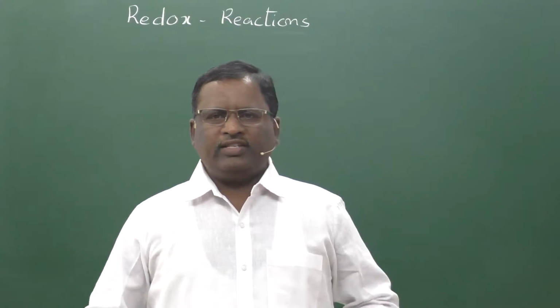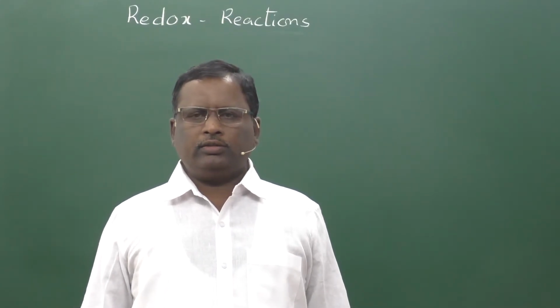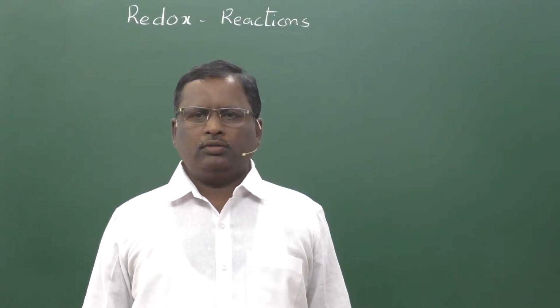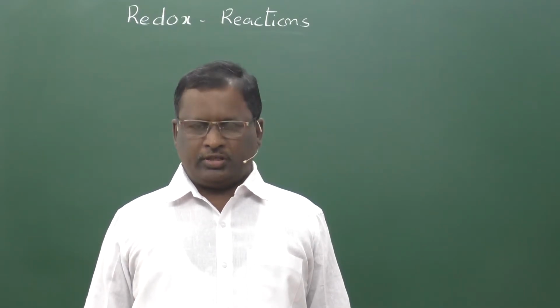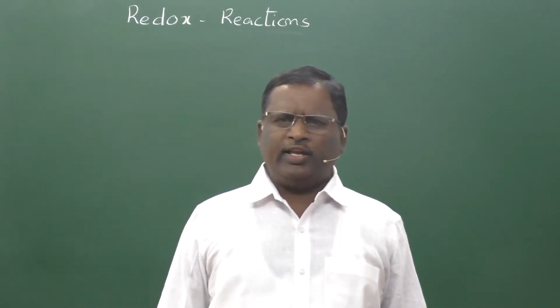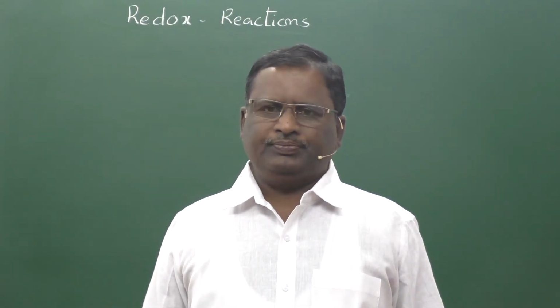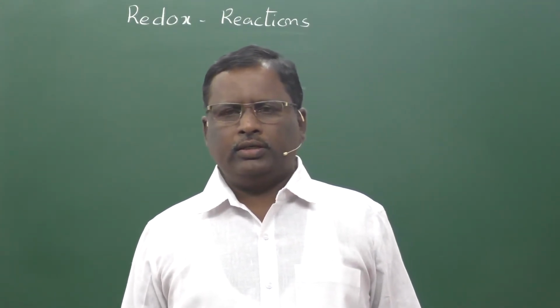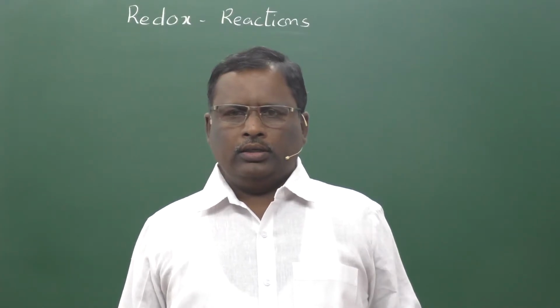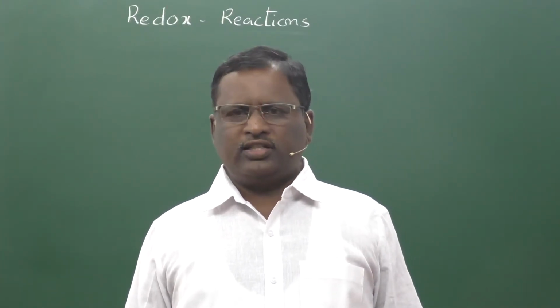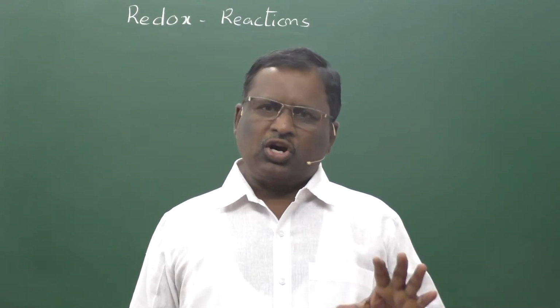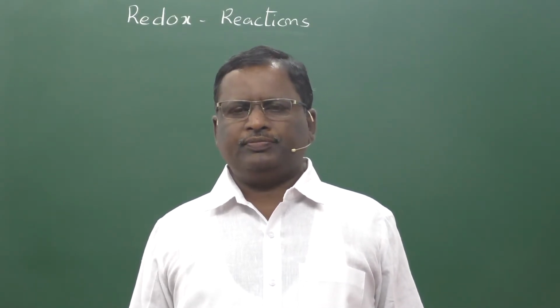In the present class, we are going to get a new term called ionic equation. What is an ionic equation? In the previous examples, we observed that some ions' oxidation state is constant, it will not change.